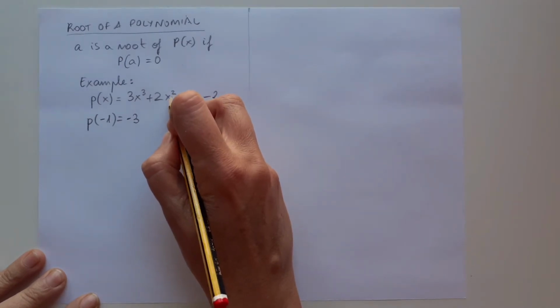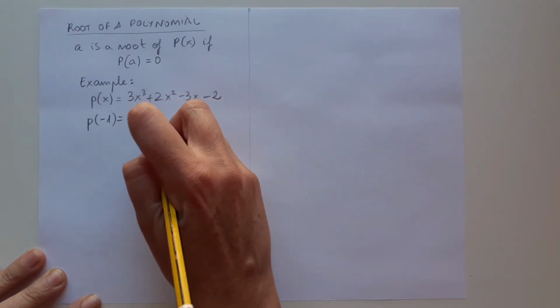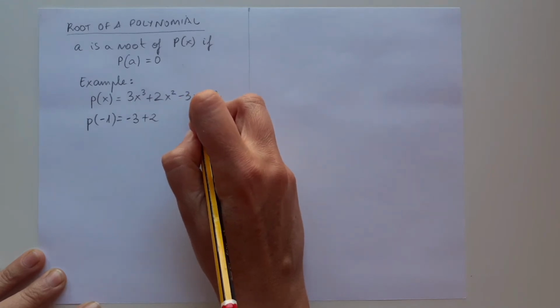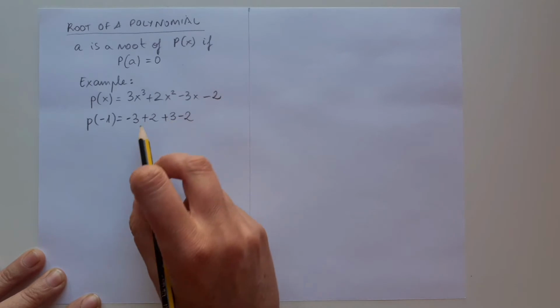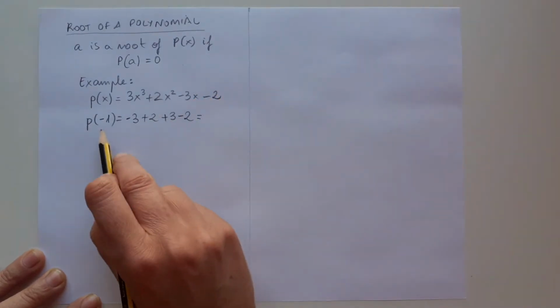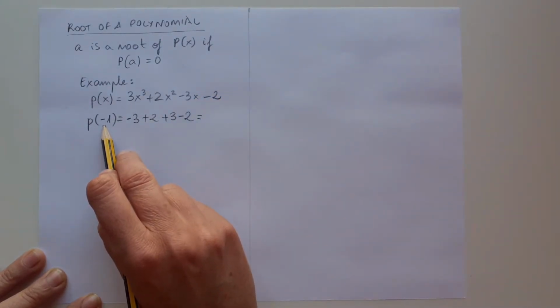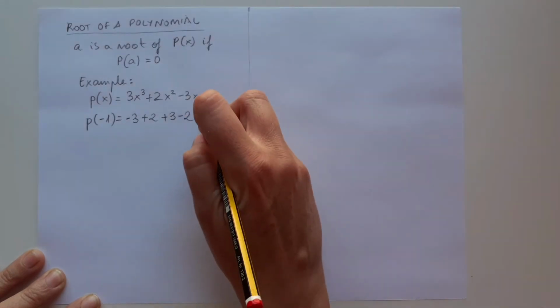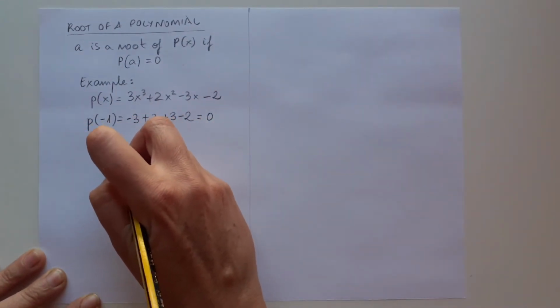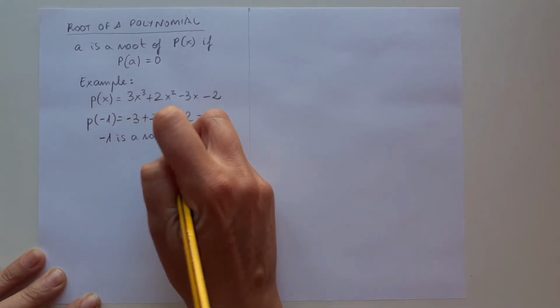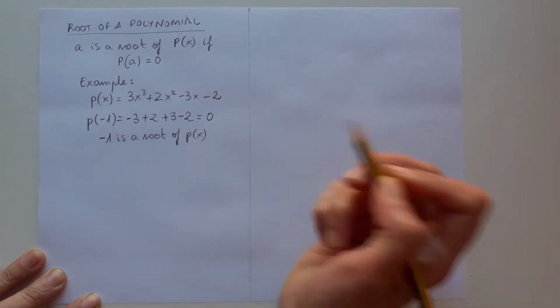Negative 1 squared is positive 1 times 2 plus 2. Negative 3 times negative 1 equals plus 3 and negative 2. Since the result, when we place negative 1 in the variable, is 0, we can conclude that negative 1 is a root of our polynomial.